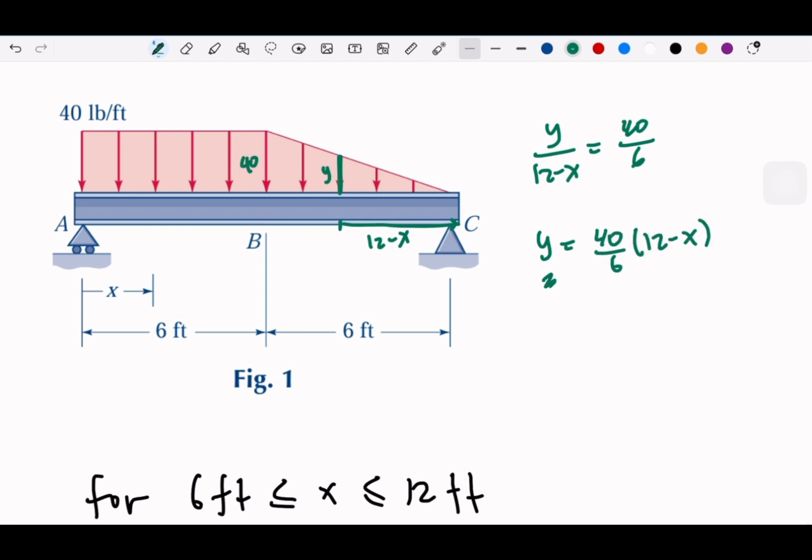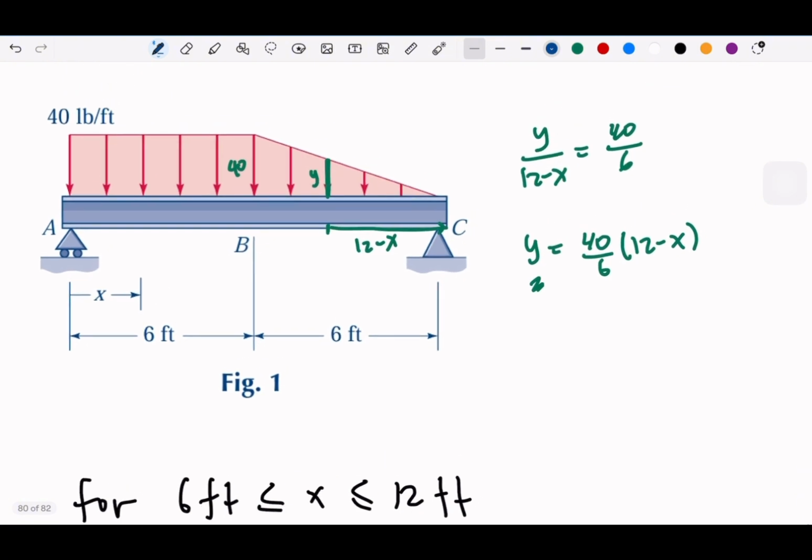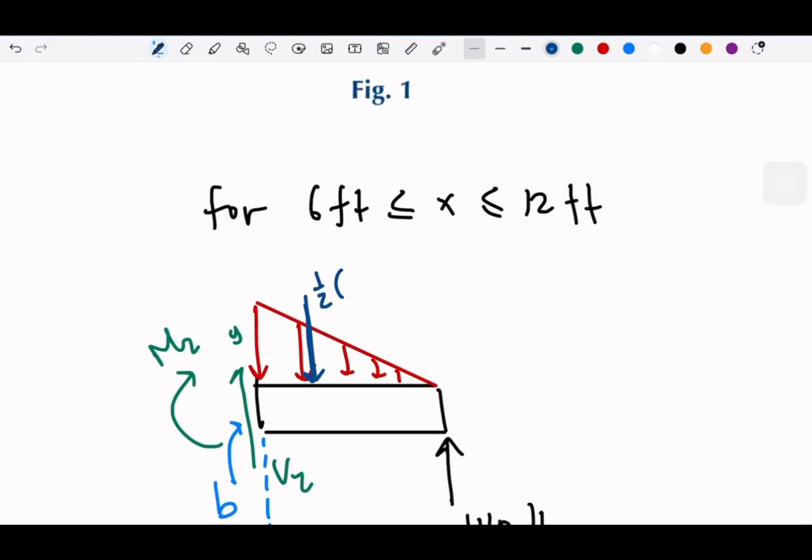This y is the same y as this. So the value for the concentrated force will be half times 12 minus x, multiplied with 40 over 6, 12 minus x.